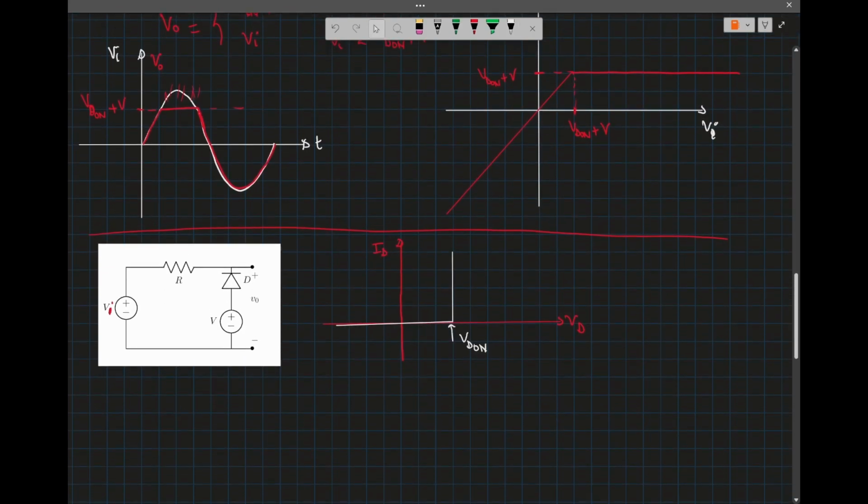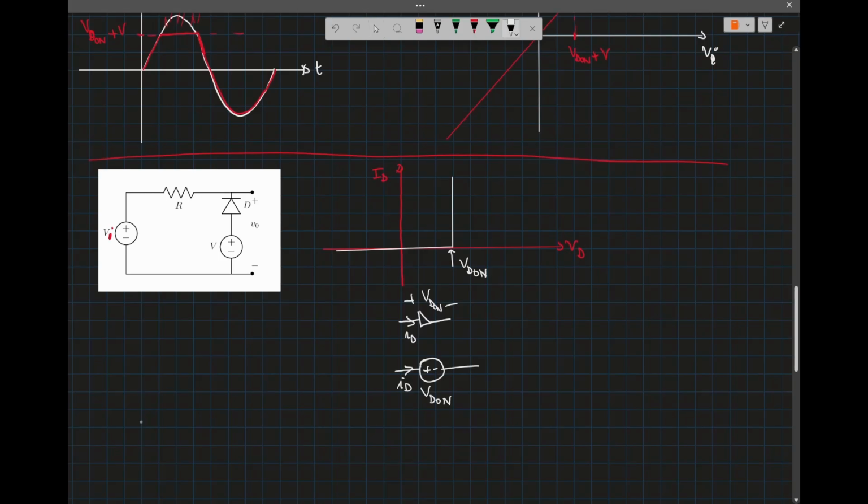So like we have been saying, we have the diode like that, the current through the diode and the voltage across the diode. We can replace it by a constant voltage source, the current ID, and the voltage is VD on.